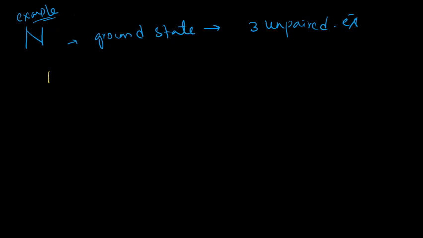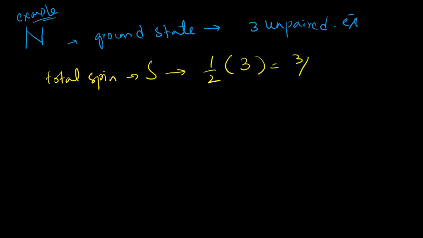Total spin S will be equal to 1/2 times the 3 unpaired electrons, so it has a total spin of 3/2. And what will be the multiplicity?